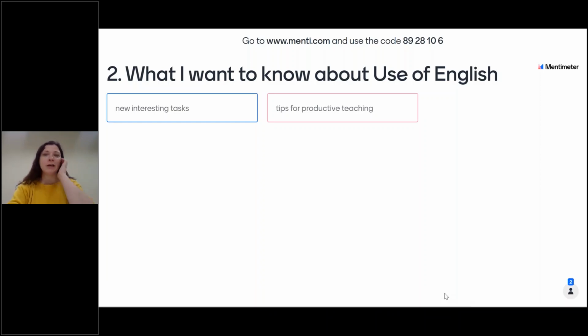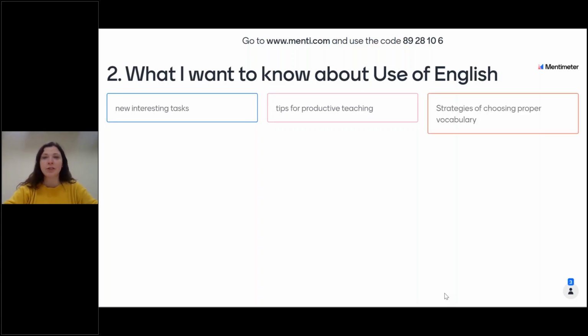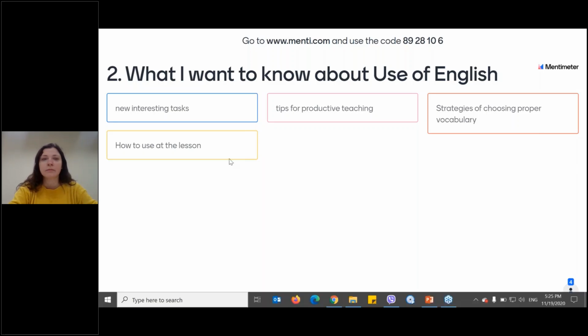New interesting tasks. Super, thank you very much. Tips for productive teaching. Strategies of choosing proper vocabulary. How to use the lesson. How to teach vocabulary. Grammar tasks.